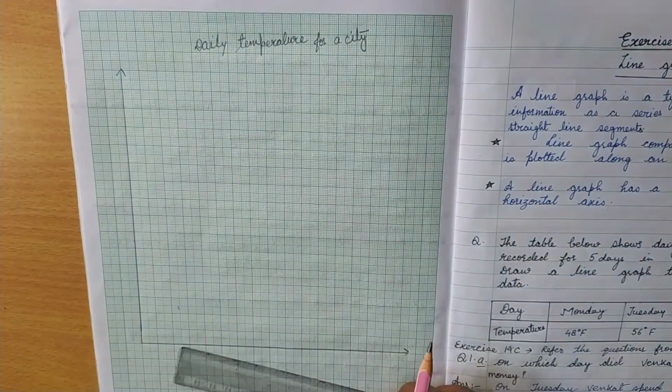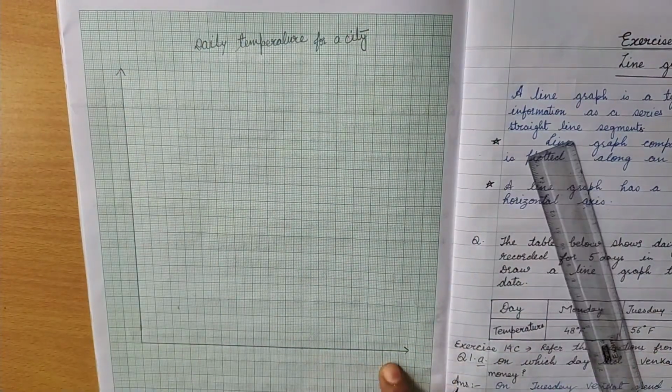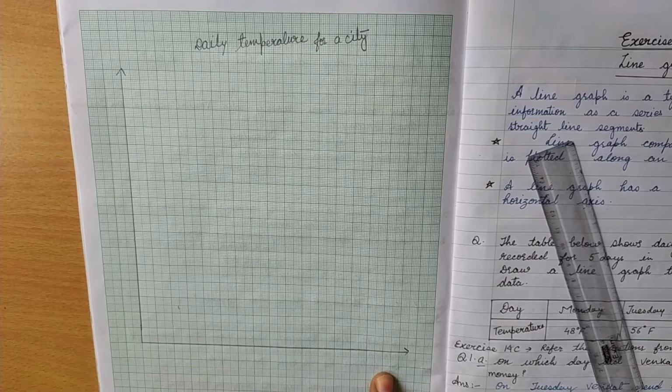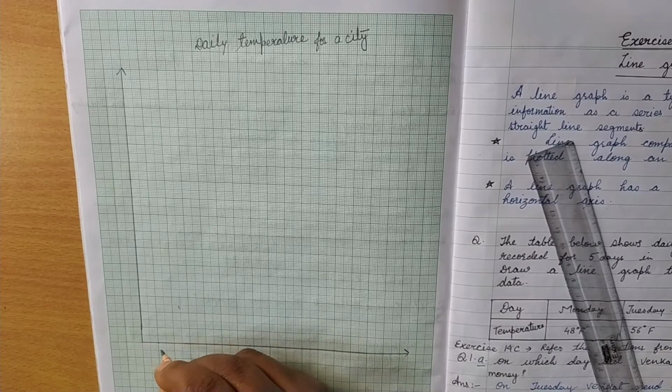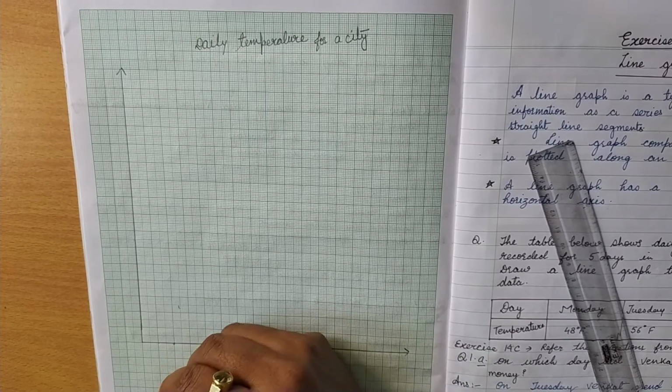Now the second point, we have to label it. On this side I will label the days. I am writing here days. First I am leaving the first block and then in the second block I am mentioning Monday.